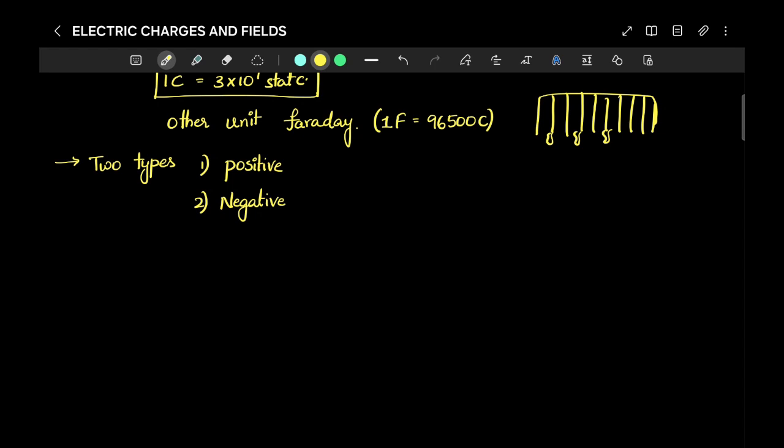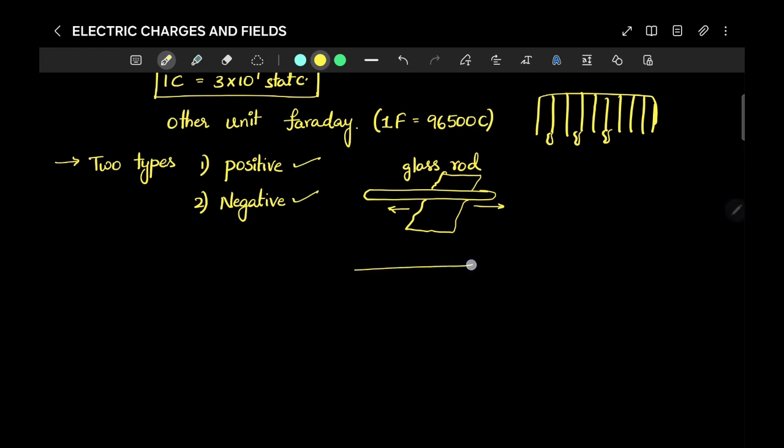How did we come to know that there are two types of charges? For example, you take a glass rod and a silk cloth, and you rub them together continuously.